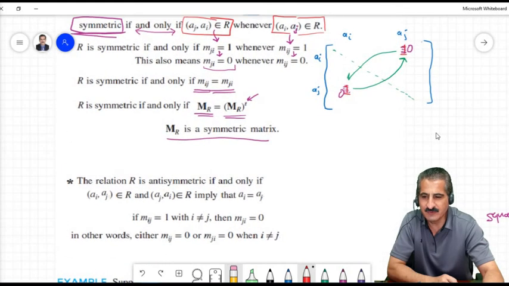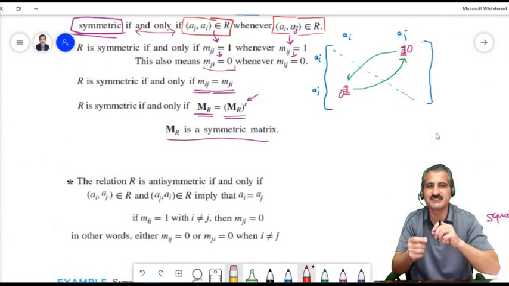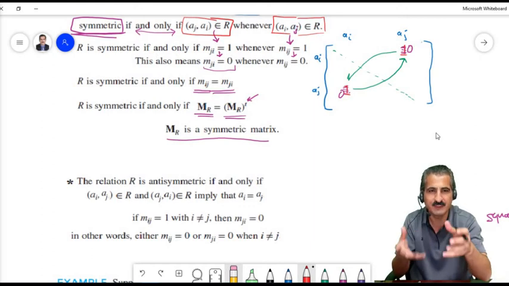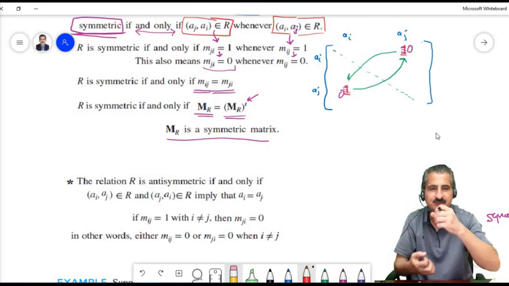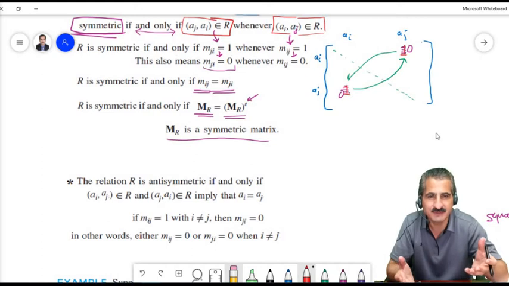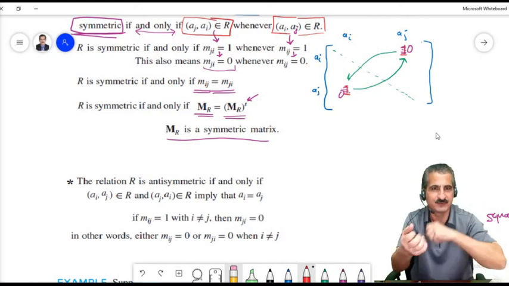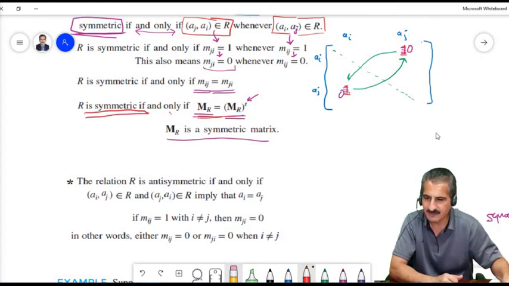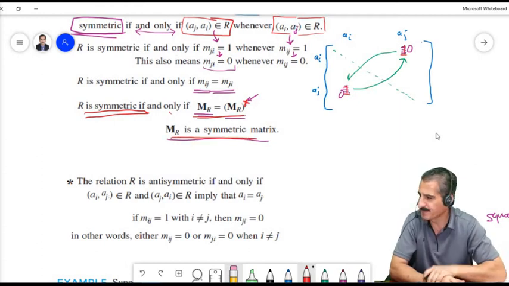Every element Mji and Mij is either 0 or 1, so if we interchange their places according to the diagonal, we change nothing in the matrix. So a relation is symmetric if and only if its matrix equals its own transpose, M equals M^T, which means the matrix is symmetric.